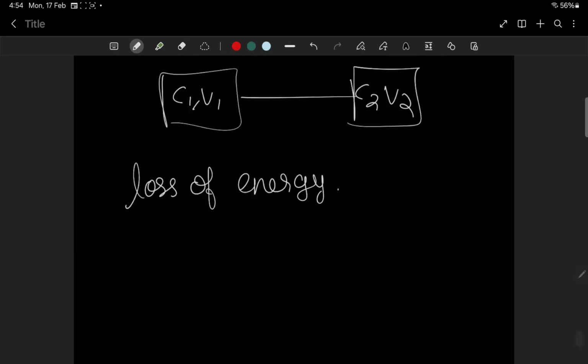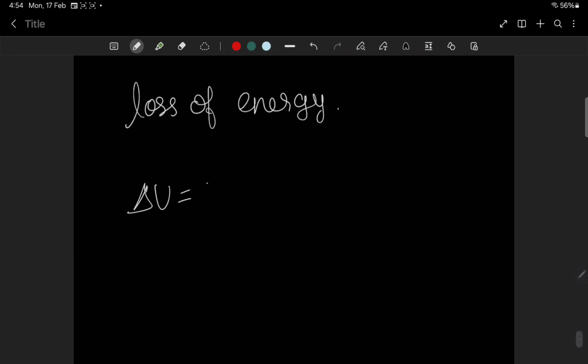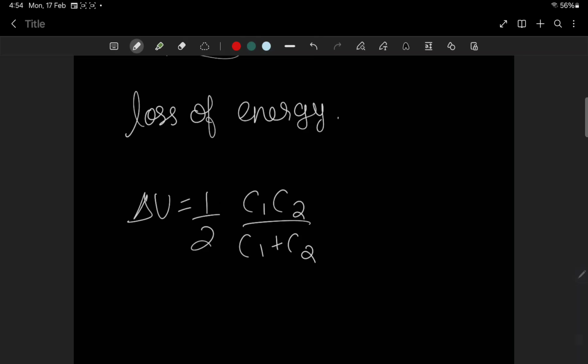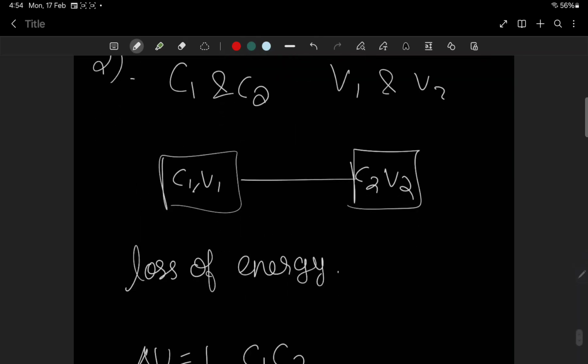What is the magnitude of loss of energy? Delta U is equal to half C V square, half C1 C2 by C1 plus C2. They are kept in what? They are connected in series.